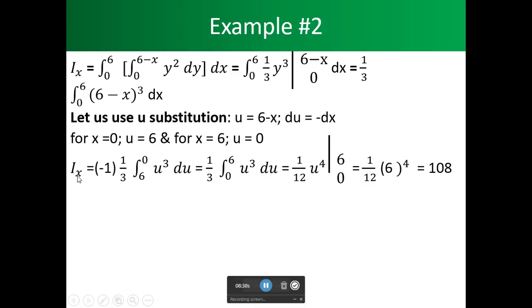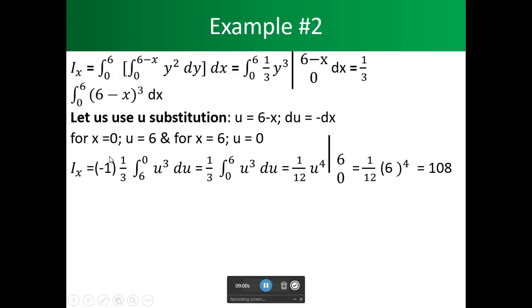Okay, we have here our moment of inertia around the x-axis, and we're going to be using the minus dx, so the minus sign has to come out for dx, so that's what we're using for du.